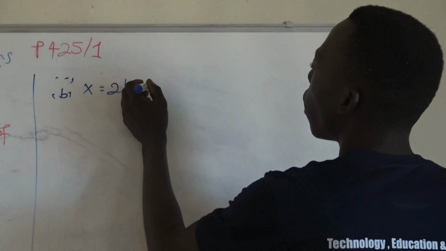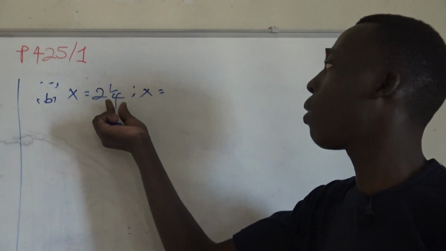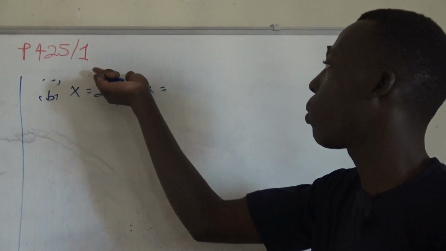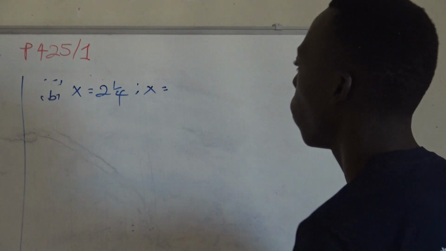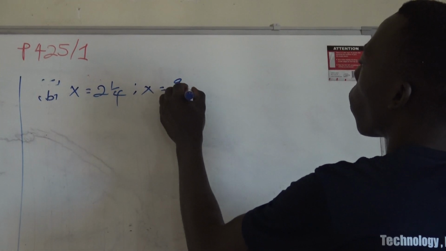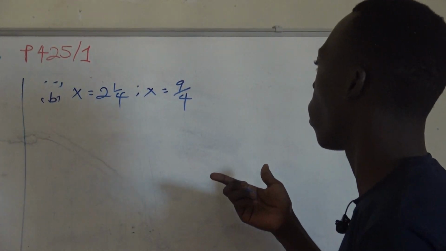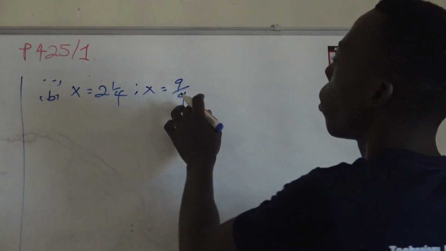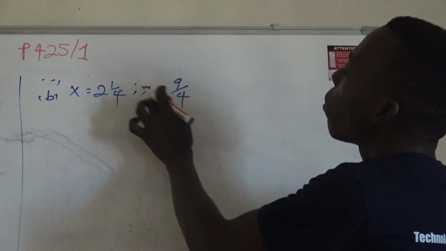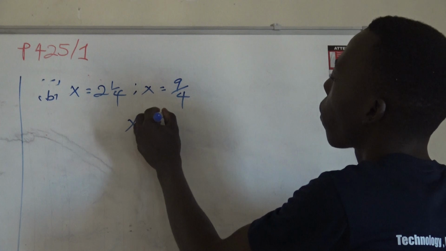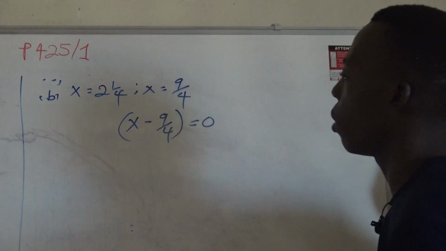So x will be equal to this one times this, then plus the one which is up, which is 4 times 2, which is 8, plus 1, which is 9 out of 4. We don't leave it like this. We take the one on this side to the other side, x minus 9 out of 4, which must be equated to 0.